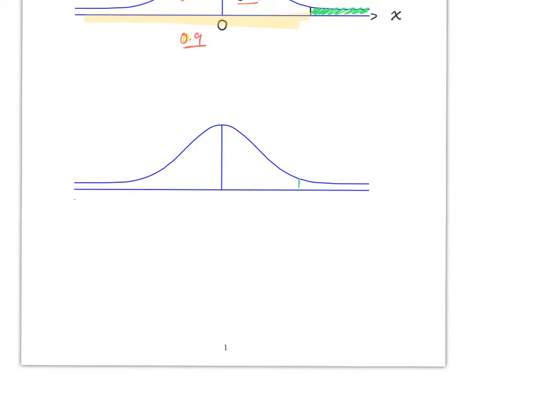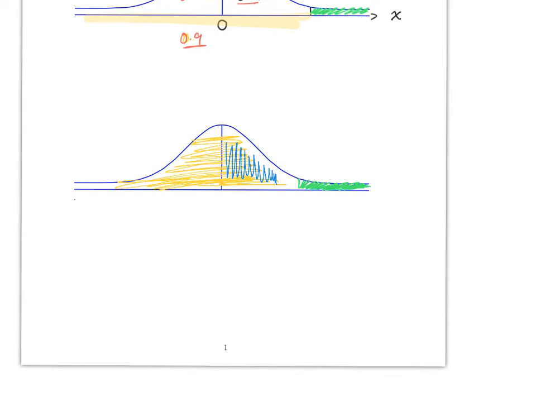If the number is here, I'm going to call this the green color. If you have all the area from here to here, I will call that the yellow color. And this part right here will be the blue color.